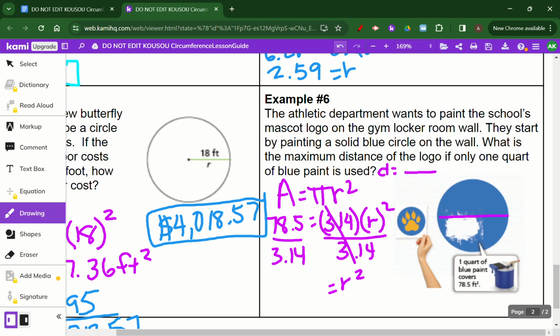And now we have 78.5 divided by 3.14, and that gets us 25. Then when you're at this step, you want to take the square root so that you just get r, which is 5. Once you get r as 5, then you can get your diameter, which in this case would be 10 feet.